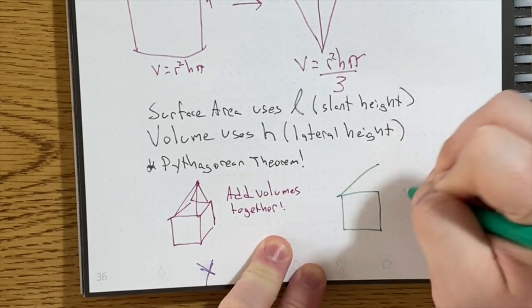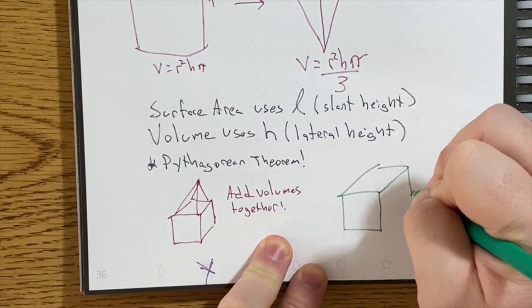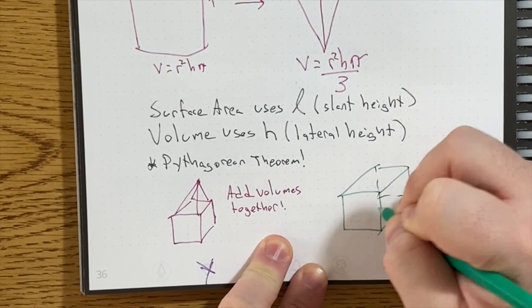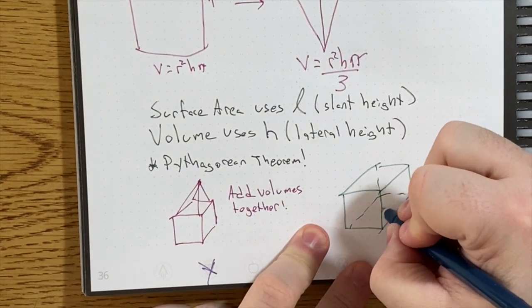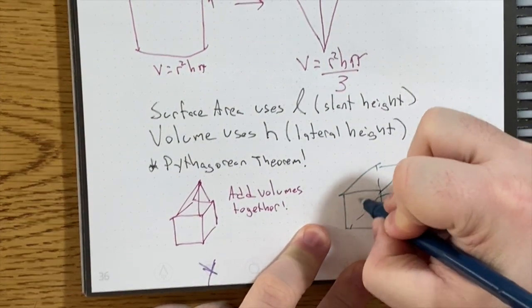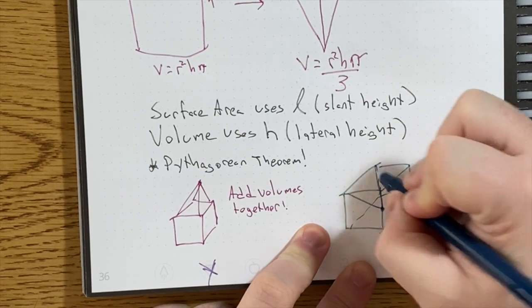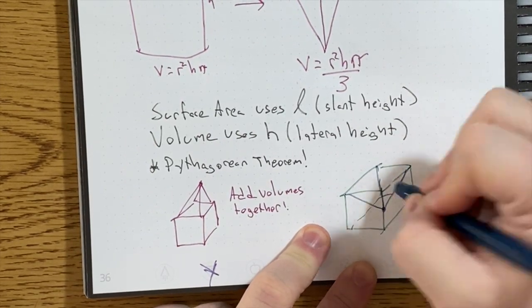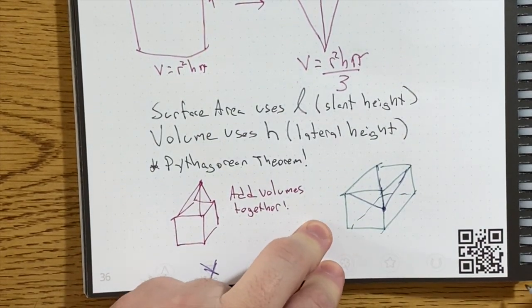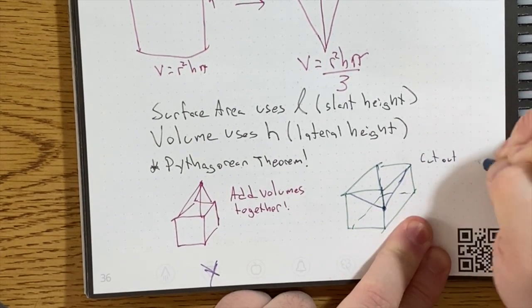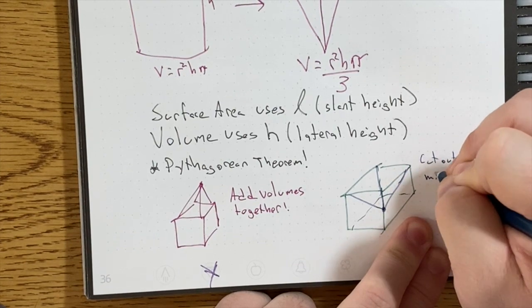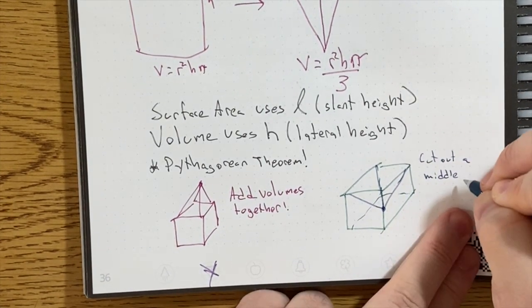Conversely, I could also give you something like a cube, right? And then I could say, because I'm annoying, I hollowed out a pyramid in the middle. So I cut out a middle pyramid.